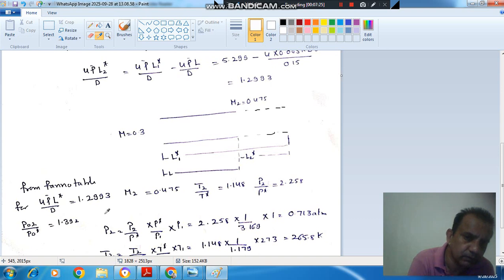So these values are M2 is 0.475, T2 by T star is 1.148, P2 by P star is 2.258, and P02 by P0 star is 1.392.